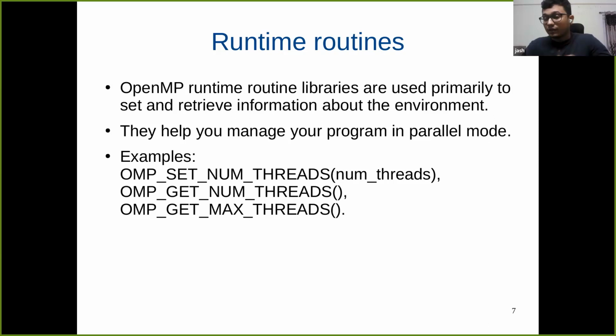You can retrieve that information using the runtime routine known as omp_get_num_threads. This routine tells us as programmers the number of threads in the current parallel region. Similarly, omp_set_num_threads is used to set the number of threads with which you want to execute your parallel region, and so on. We'll see all of them as we go ahead in our course.